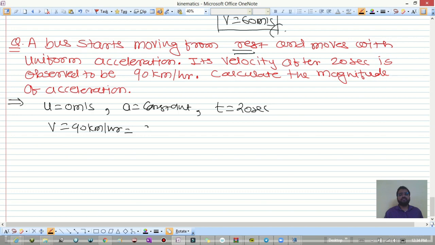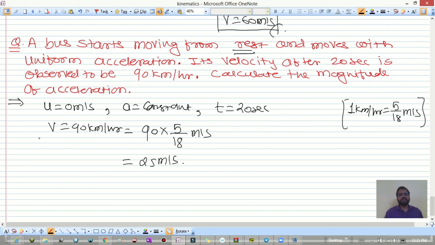Now you can convert this 90 kilometer per hour into meter per second by multiplying by 5 by 18. If anyone doesn't know the conversion, just write down this: 1 kilometer per hour is equal to 5 by 18 meter per second, and 1 meter per second is 18 by 5 kilometer per hour. That is totally simple. So we have 25 meter per second.